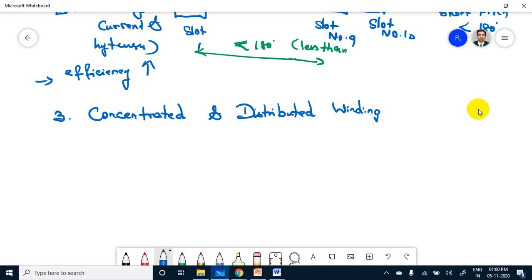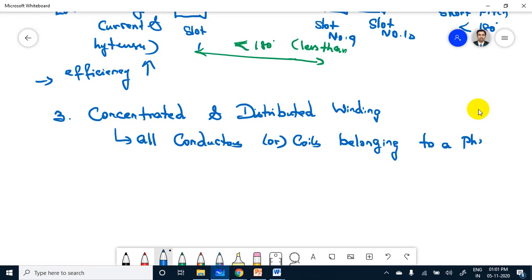Concentrated winding is nothing but all the conductors or coils belonging to a phase are placed in one slot under every pole. One slot under every pole.